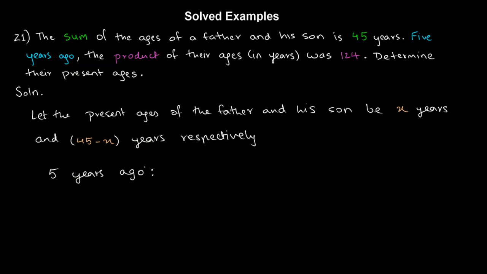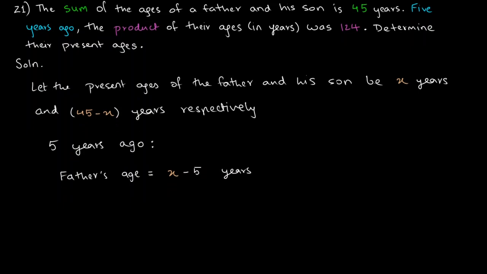5 years ago, the father's age would be, so the present age is x. 5 years ago, it would be x minus 5 years, right? Because 5 years ago would be 5 years less. And the son's age, right?